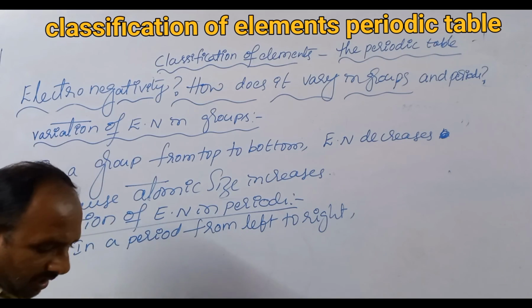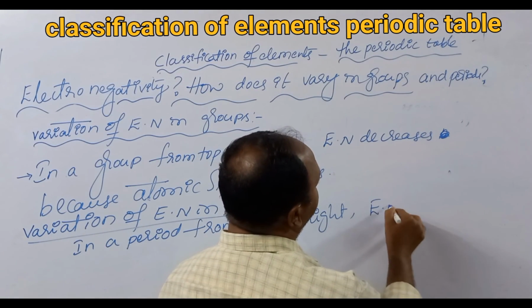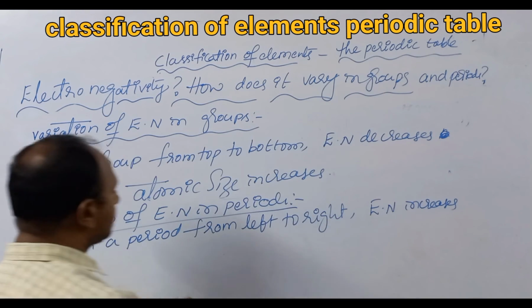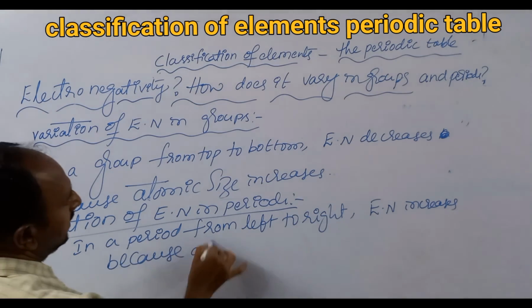Periods are horizontal rows, groups are vertical columns.